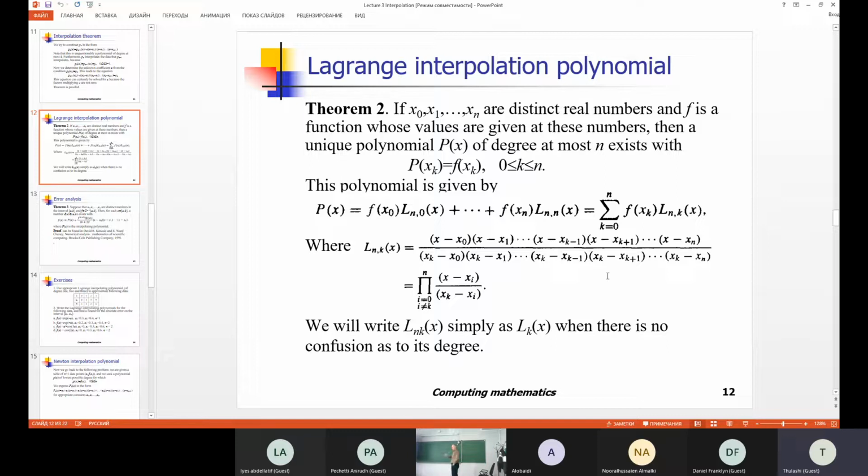If you substitute here x2, 0, 0, 1, and P2 of x2 will be f2. So we organize this function in such a way that the value of the polynomial at the point x0 equals f0, x1, f1, P2 of x2 equals f2. So this polynomial will be the interpolating polynomial, that it passes through the points.